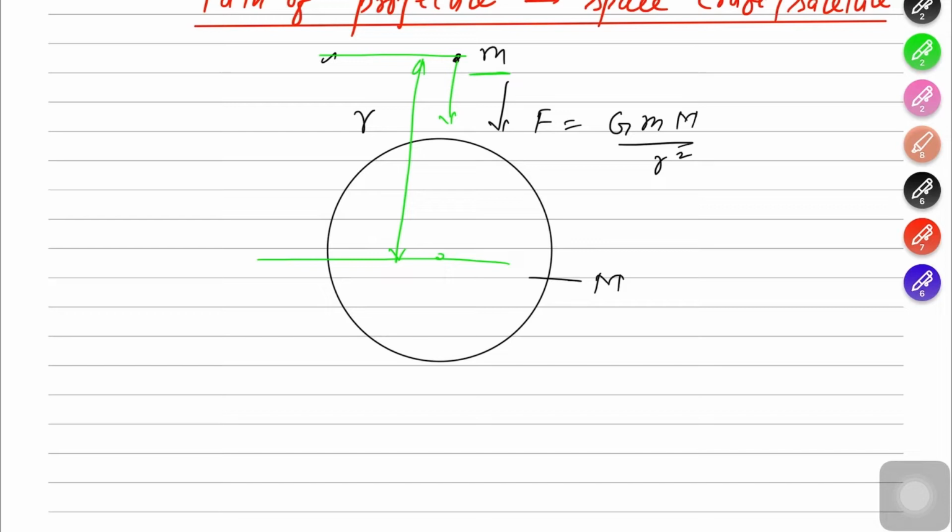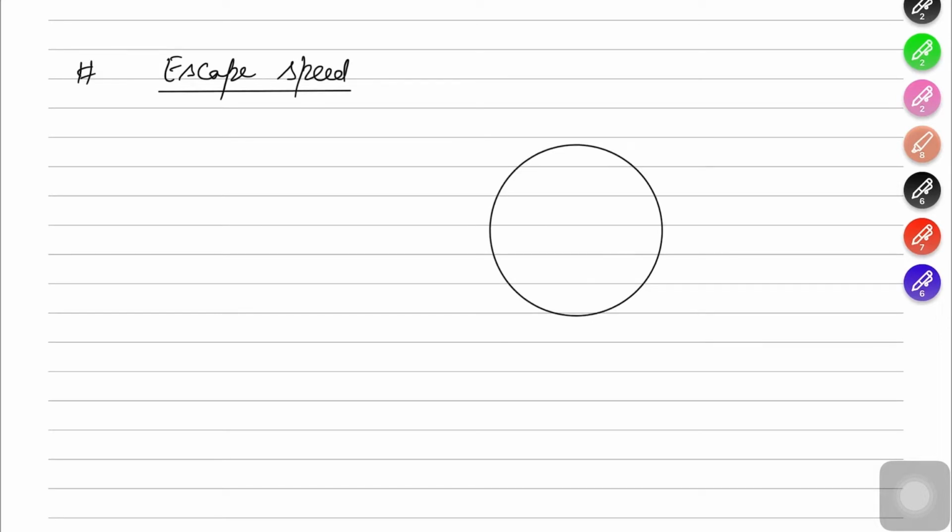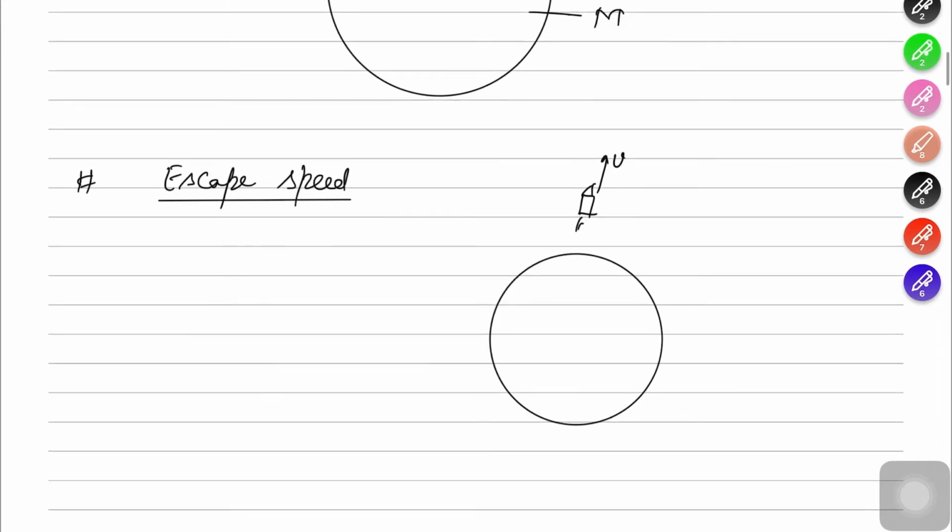Okay, now before understanding the path of a projectile, let's see what is the escape speed. We know that if there is a planet, suppose it's Earth, and we project a projectile with some speed, it will go to some height and then fall back.